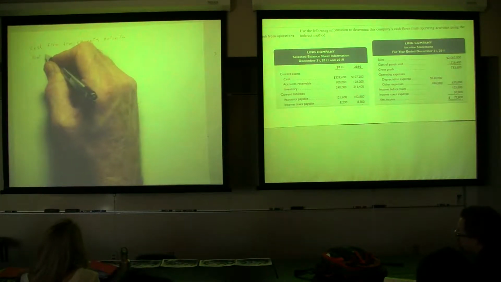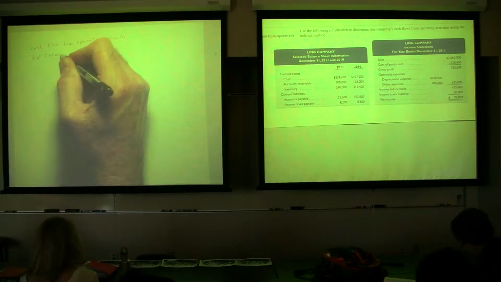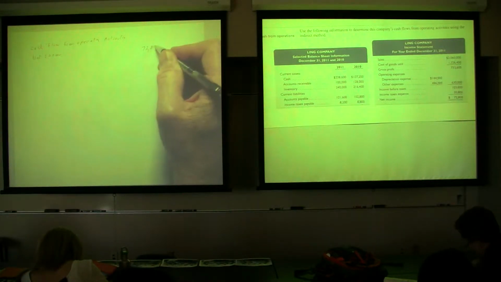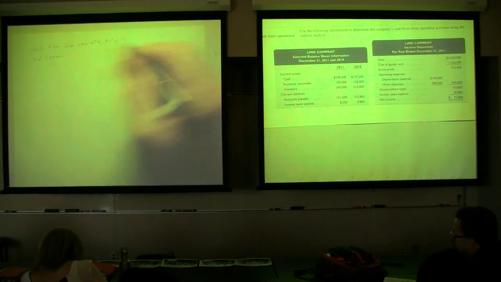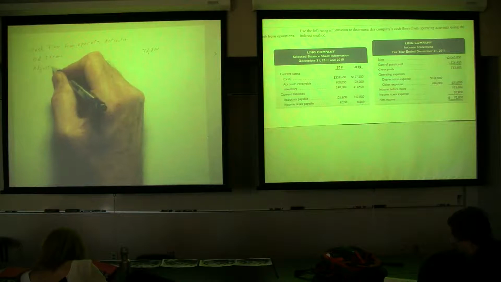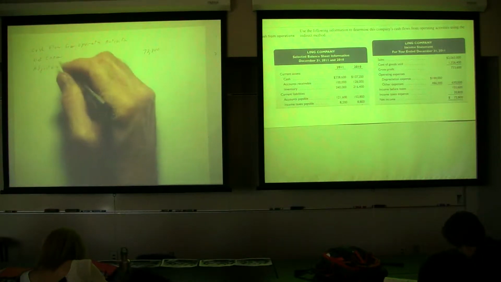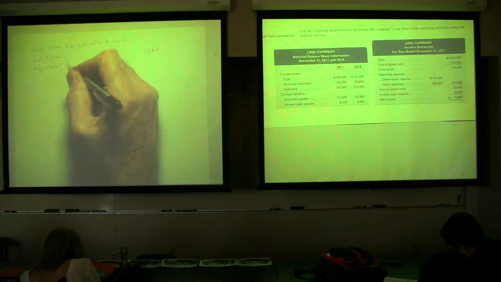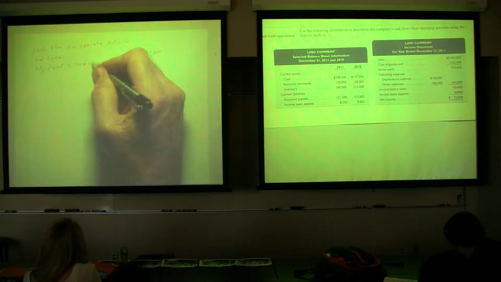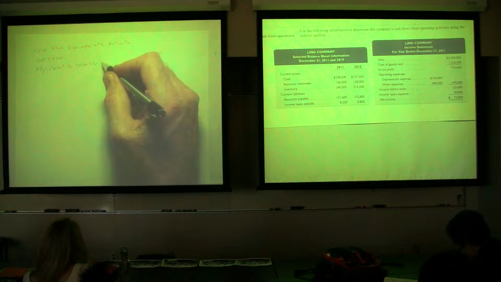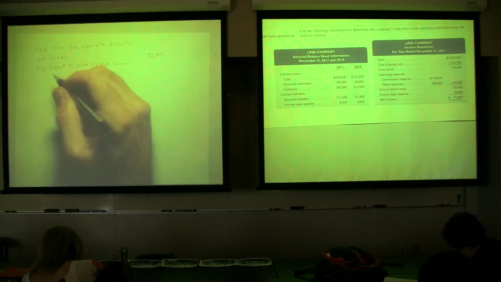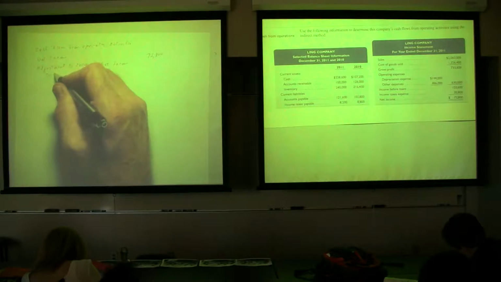The net income was on the accrual basis, and it's 72,800. Now here are the adjustments to reconcile net income to operating cash flow.